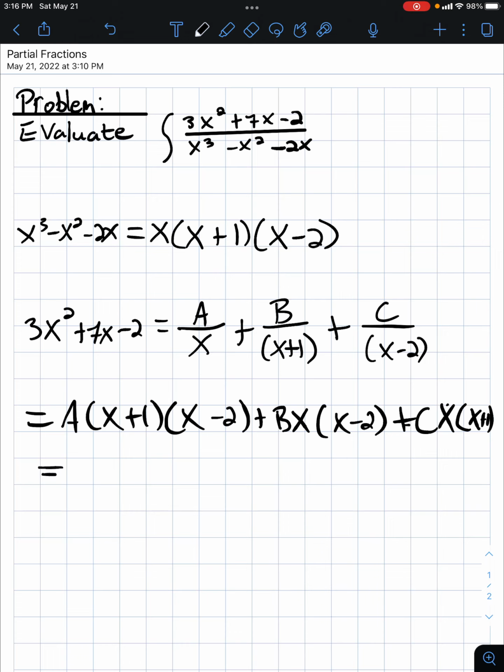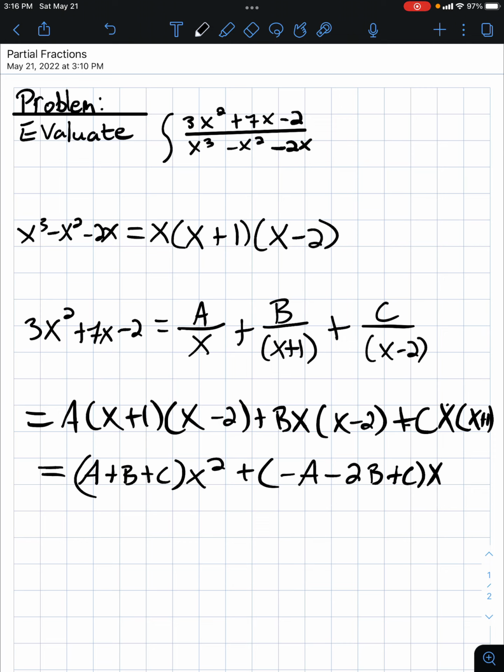If we expand and simplify, this is equal to (A + B + C)x² plus (−A − 2B + C)x minus 2A.